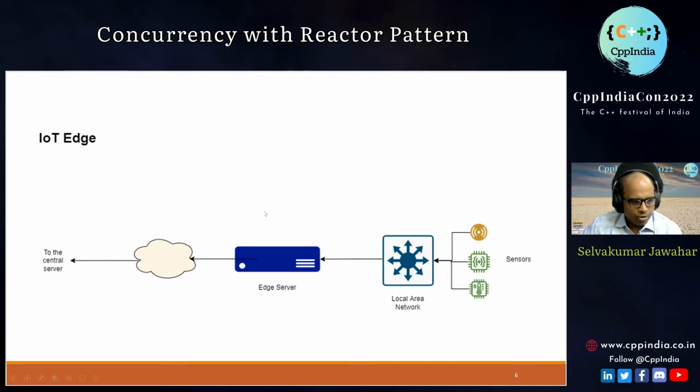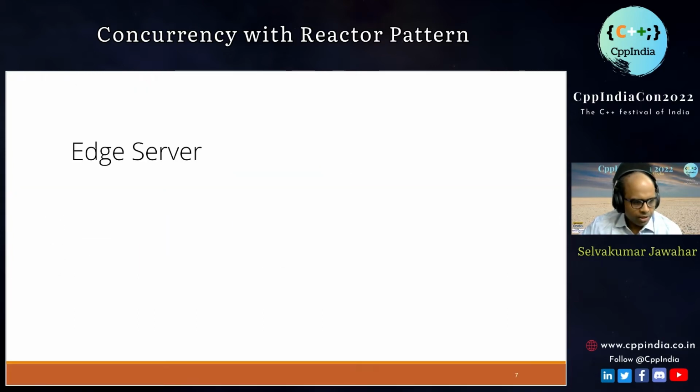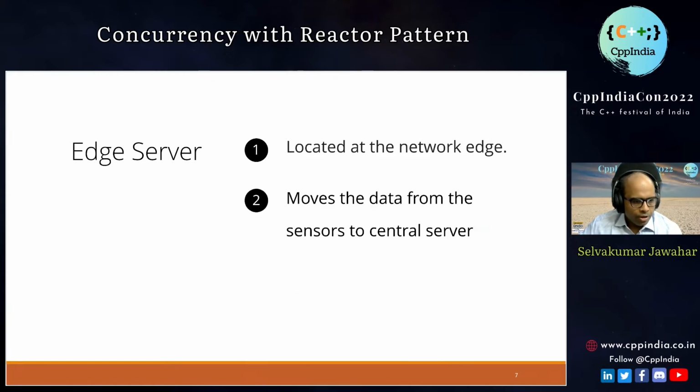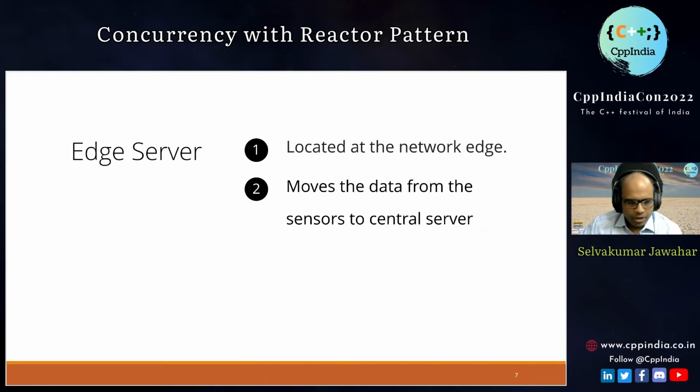Okay, so let's see some of the characteristics of the edge server. An edge server is something which is located at the edge. As I said before, it's the edge of the network, which depending upon the application could be any geographical location. All it does is move data from sensors to the central server.